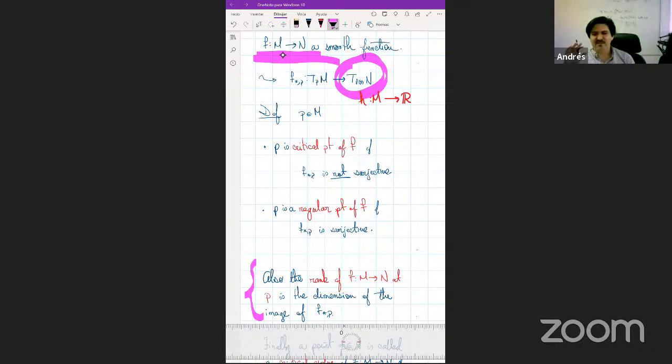The rank of a matrix can also be defined in terms of the image of the linear map induced by the matrix. So that's going to be the rank of a function at a point. I go to the infinitesimal aspects, the differential, and it has to do with the image of that linear map. That will be the rank. So the rank will be between 0 and the dimension of n. That's the rank of a function at a point P.